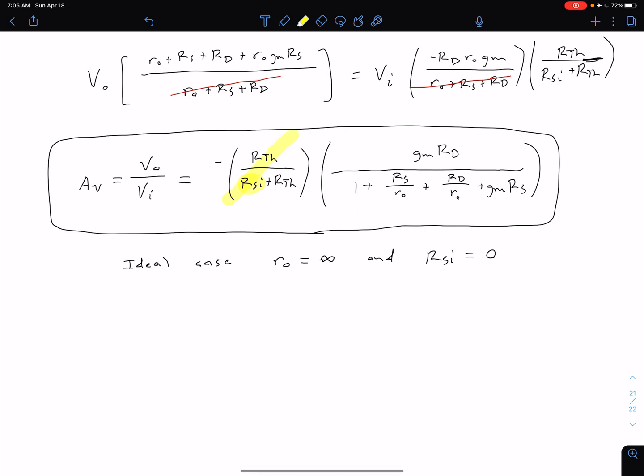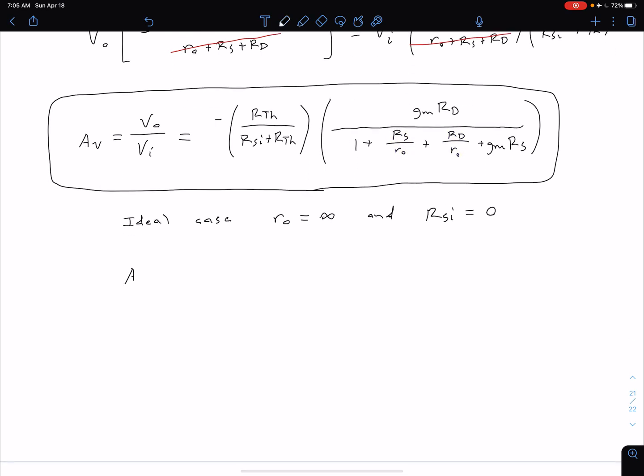So this whole term here is going to go to 1. And with our R0 being infinity, we're going to have infinity here, and that means those two terms are going to be going to 0. So this will be 0, this will be 0. And so we can write for this ideal case then, our voltage gain is going to be equal to negative GMRD divided by 1 plus GMRS.